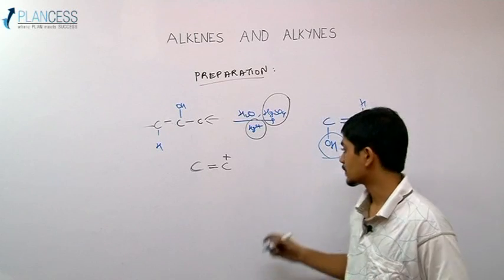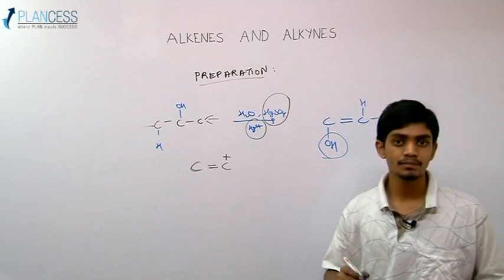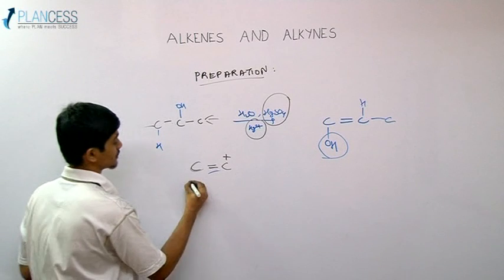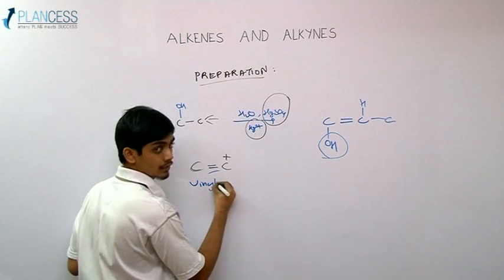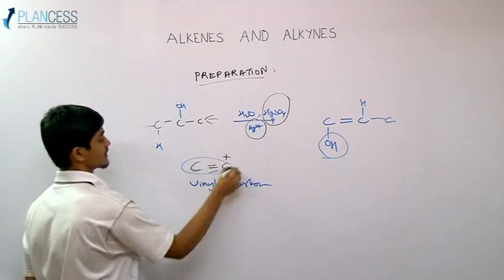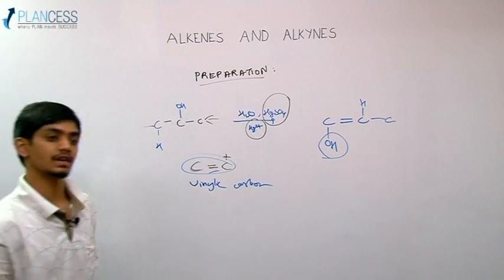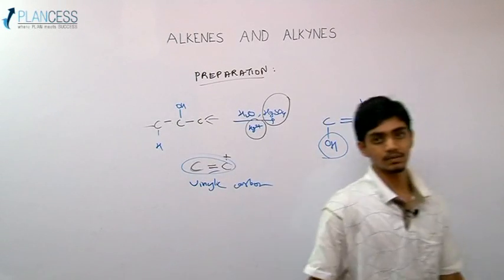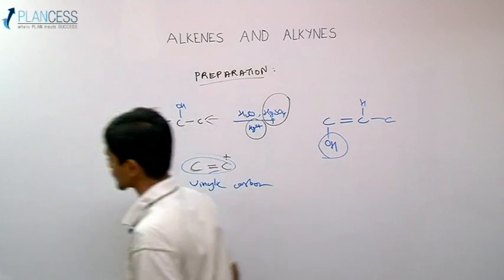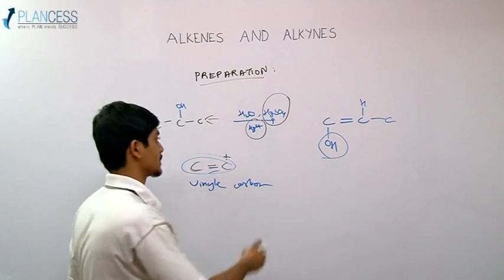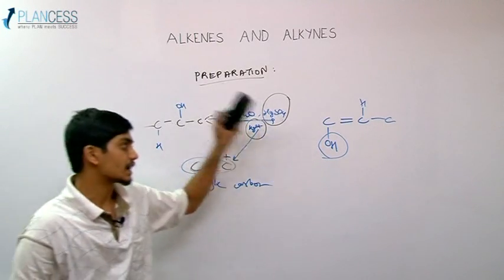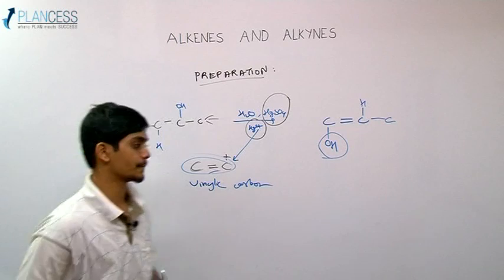So if carbocation is to be formed, it has to be formed on the vinylic carbon. Now this C double bond C positive charge is called vinylic carbon, and we know that this is sp2 hybridized carbon and a very electronegative one. So that means you will get very unstable carbocation, and hence we require the presence of this Hg2+. This stabilizes the carbocation and hence this reaction takes place.